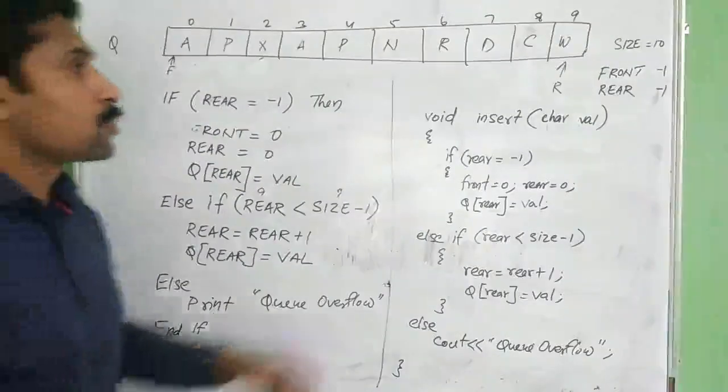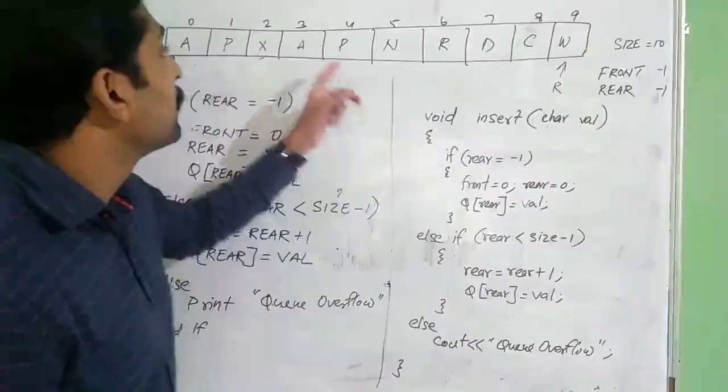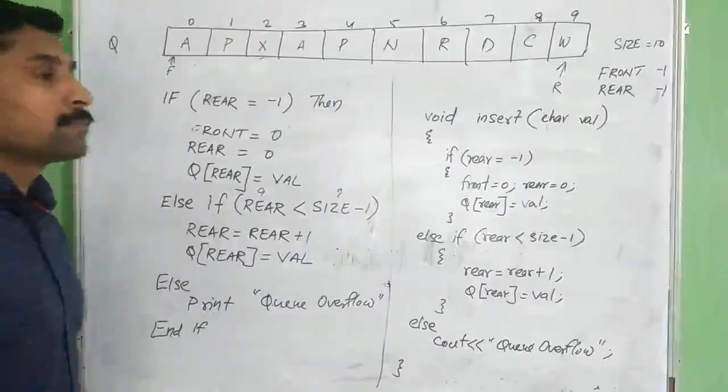So this is the C++ code for implementing insertion into the Q.